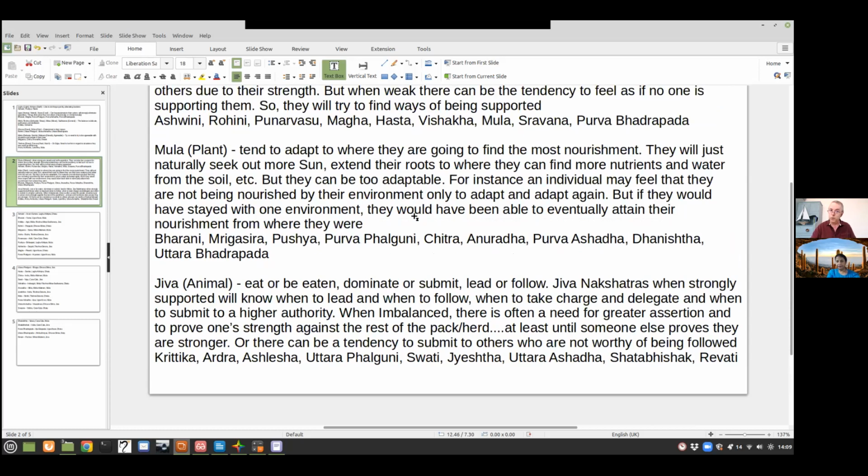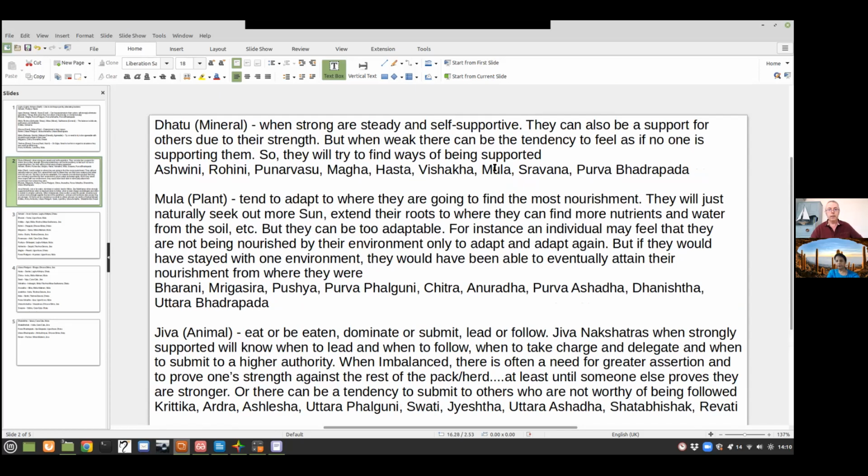So the plant nakshatras are Bharani, Mrigashira, Pushya, Purva Phalguni, Chitra, Anuradha, Purva Ashadha, Dhanishta, and Uttara Bhadrapada. All right, so we'll go over all of those once again. So mineral nakshatras are Ashwini, Rohini, Punarvasu, Magha, Hasta, Vishakha, Mula, Shravana, and Purva Bhadrapada.